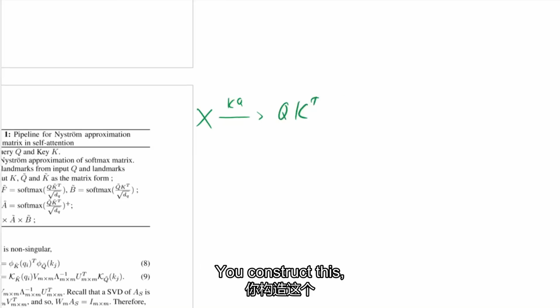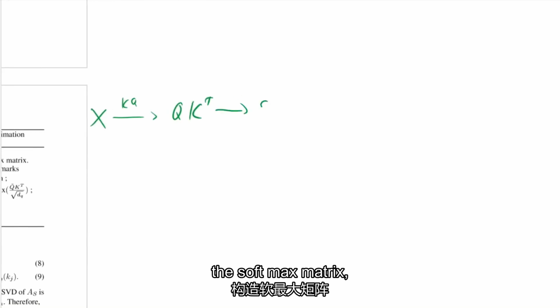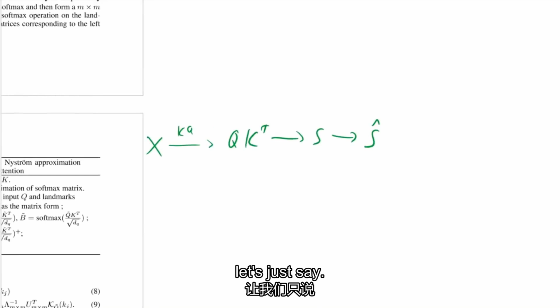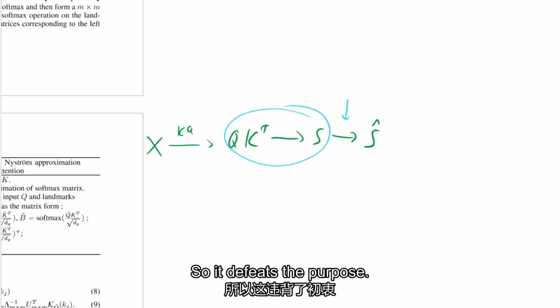You construct this, then you construct the softmax matrix, and then you approximate it, okay? That is the naive way, and then the Nyström method comes in here, and you can see that you still need to calculate the full matrix before you can approximate it. So it defeats the purpose.